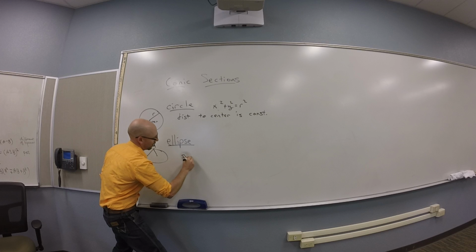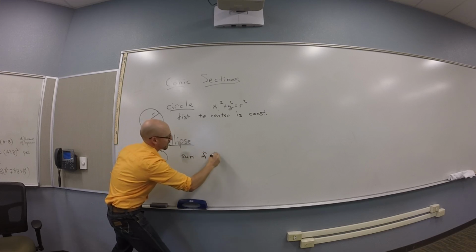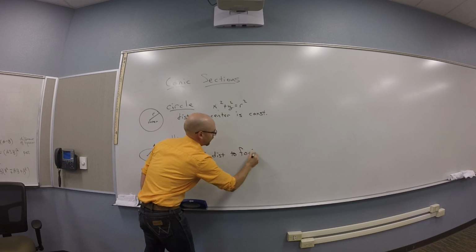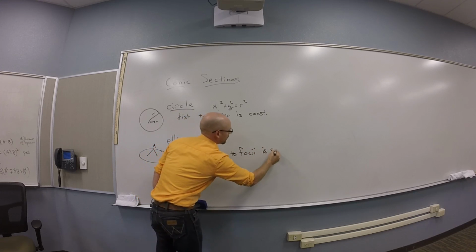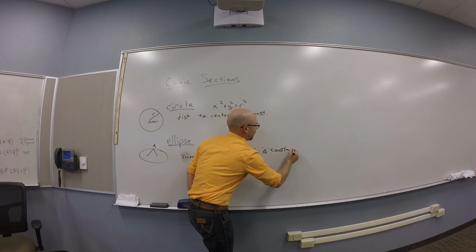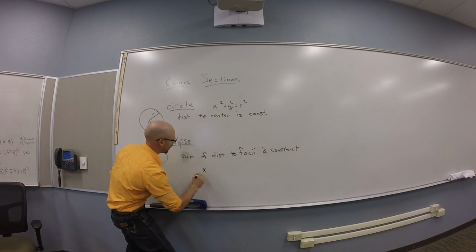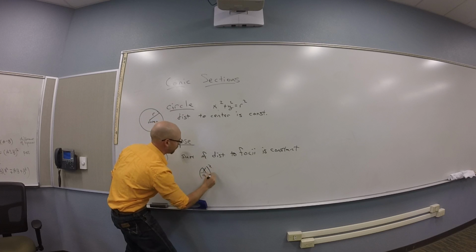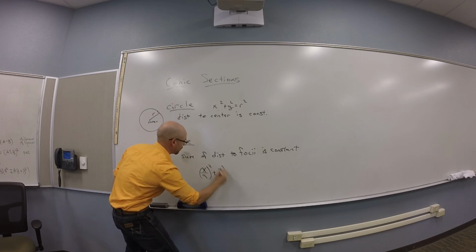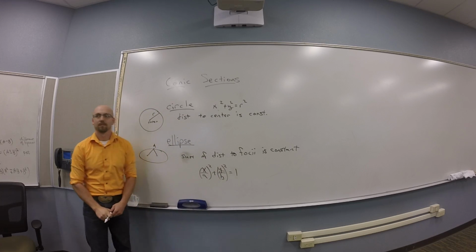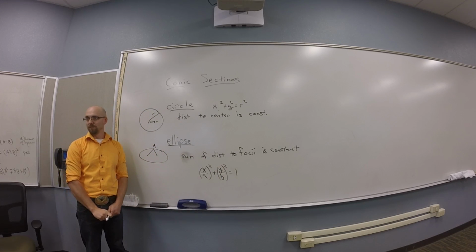So sum of distance to foci is constant. And it turns out that if you write down an equation for this, you get (x over a) squared plus (y over b) squared is 1. Cool? You guys good with this?